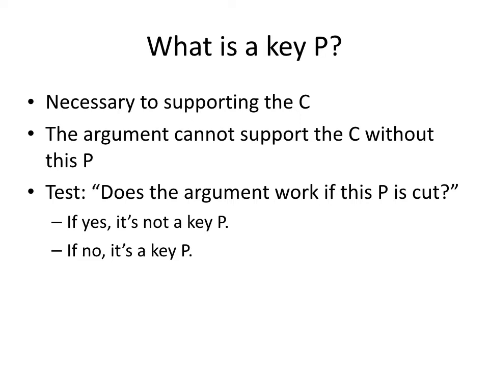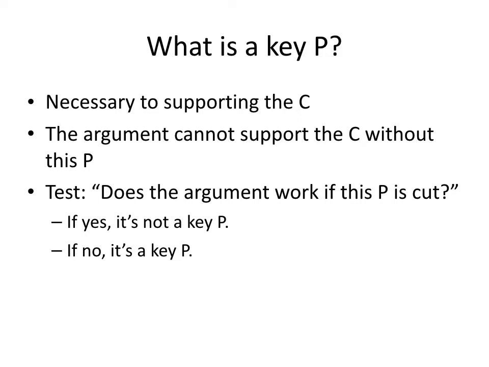Okay, so when we're doing evaluation, we need to focus on the key premises and try to determine whether the key premises are enough to support the conclusion, and ignore the other premises for this process. So we want to be able to determine which premises are key premises and which are not.